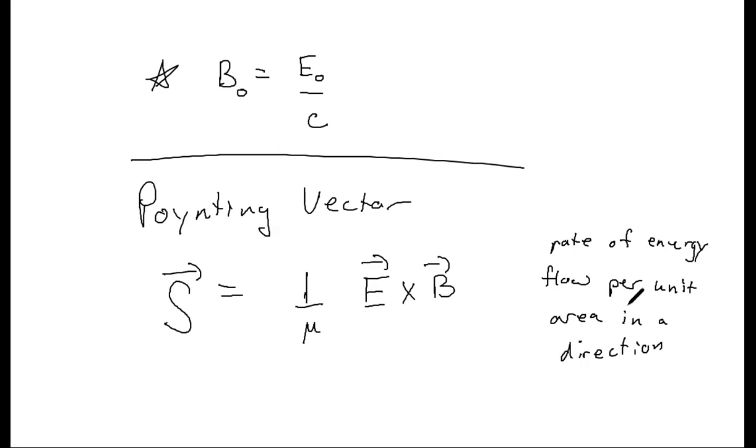So it's the energy rate, which would be a power, otherwise known as power per area in a direction. That's what we mean by intensity, the intensity of light.